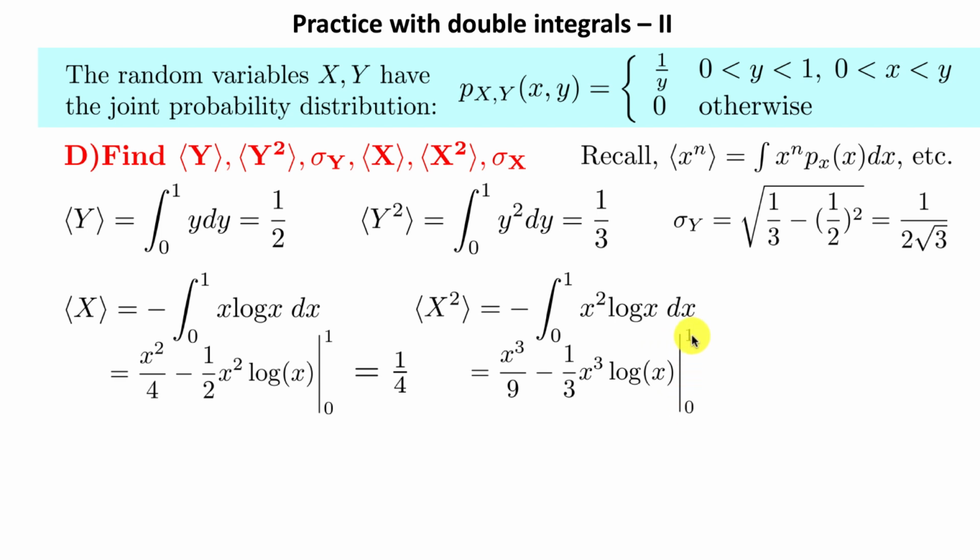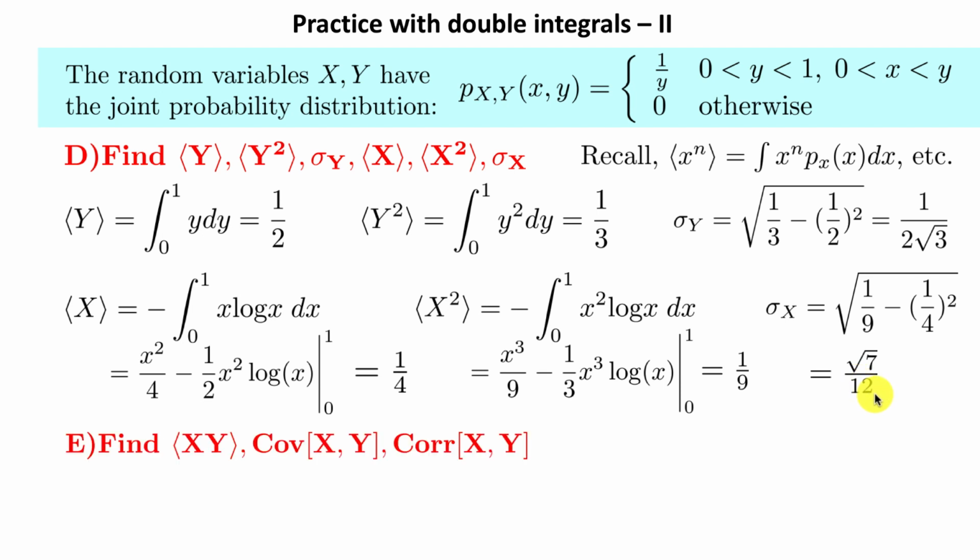Take the limits between 0 and 1, and you will get 1/9. Again, it's a completely straightforward calculation. Similarly, if you take the standard deviation in x, well then it is this 1/9 over here minus the square of 1/4. Work that out. The square root then works out to square root of 7 over 12.